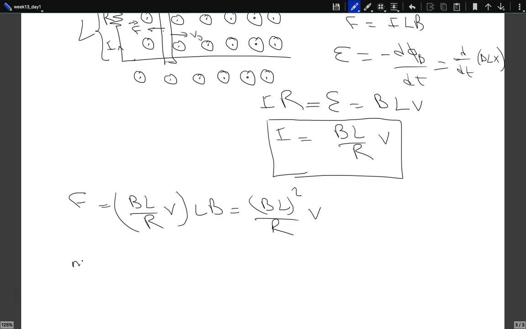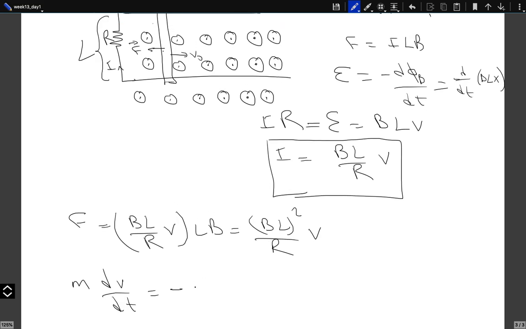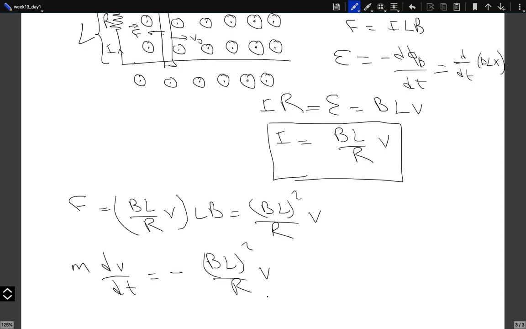Newton's second law says that m times acceleration, which is dv/dt, should be equal to the force, which should be minus B²L² over R times v. Why the minus sign?